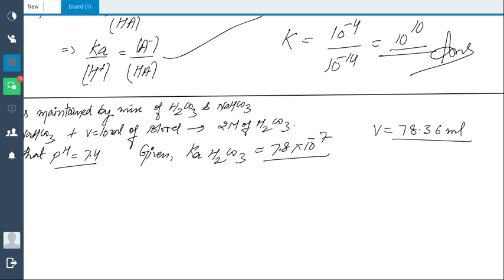This is the answer. Tell me, beta, shall I solve it?